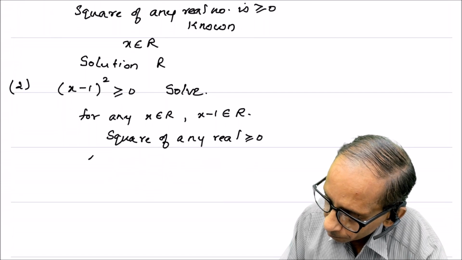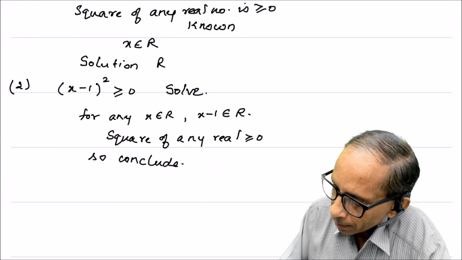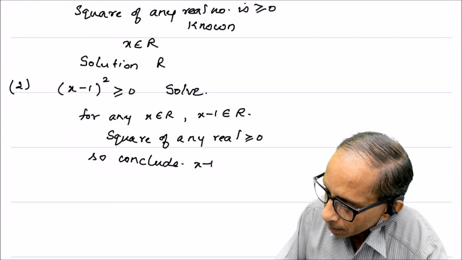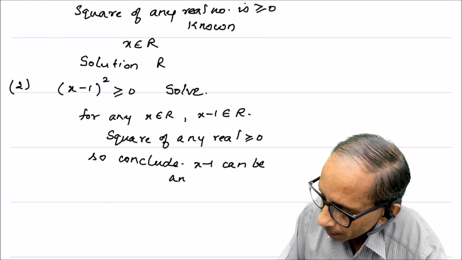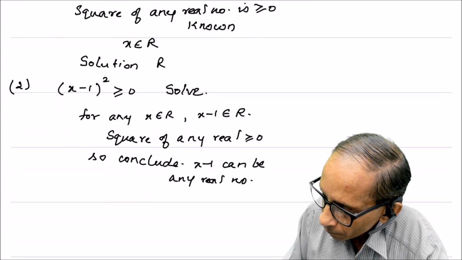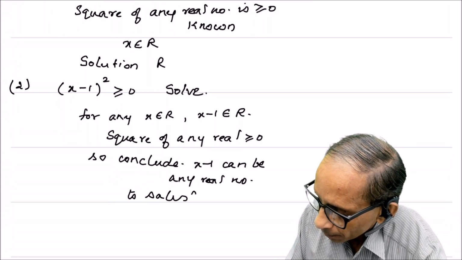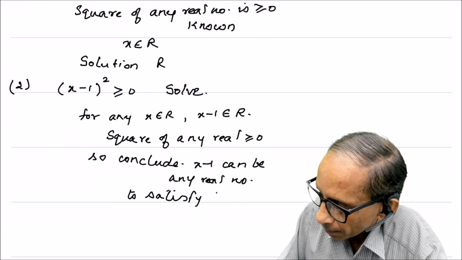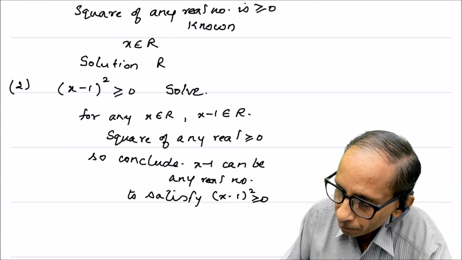So we conclude that x minus 1 can be any real number to satisfy x minus 1 the whole square greater than or equal to 0.